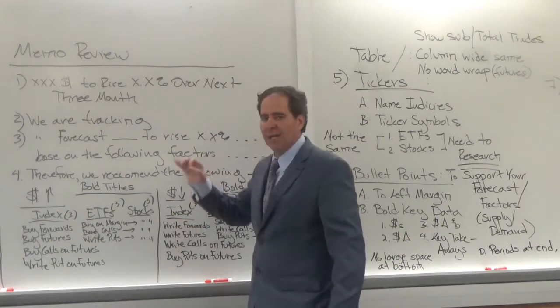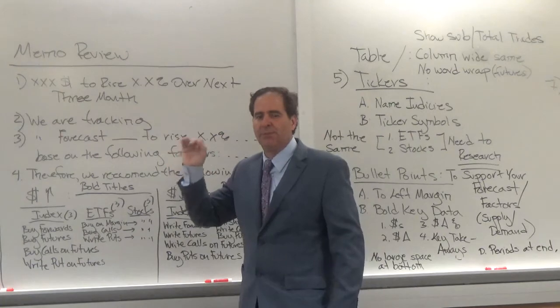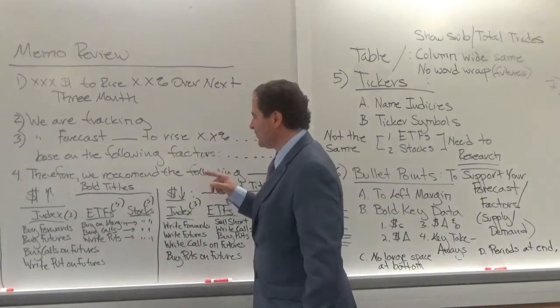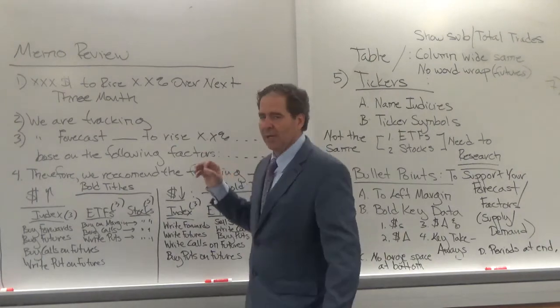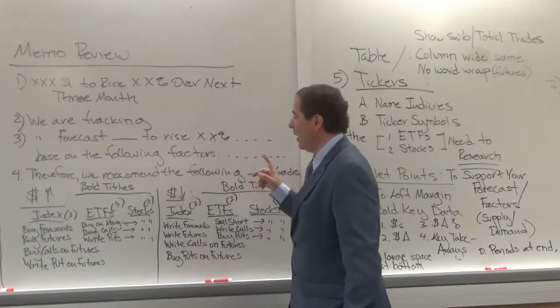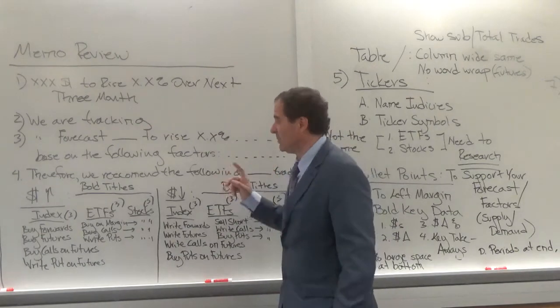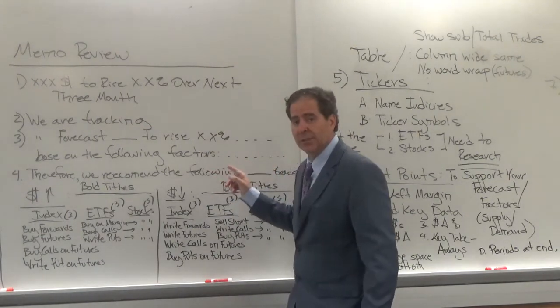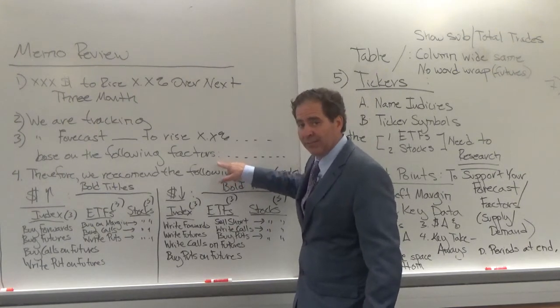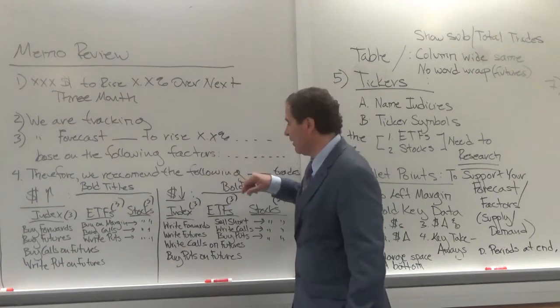We are tracking stock prices, oil prices, gold prices, the value of the US dollar. We forecast stock prices to rise by at least 8 to 10% over the next 3 months based on the following factors. Make sure you don't put a capitalization there after the colon. You don't put capitalization after a colon. You only do it after a period.